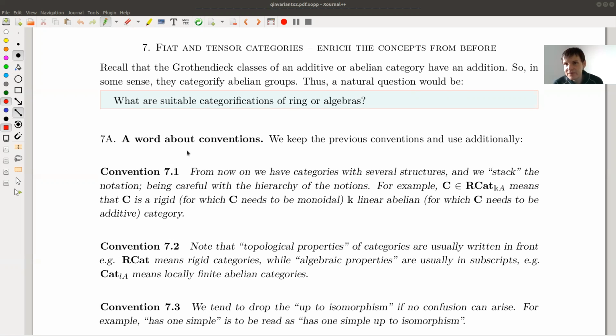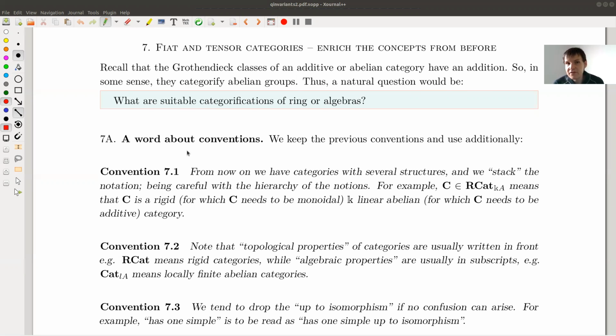And not just how to construct them, that's the next question, of course, but also how to construct target categories. And what I'm going to explain today is basically we want to connect abelian and additive structures with rigid, so dualities and pivotal structures.